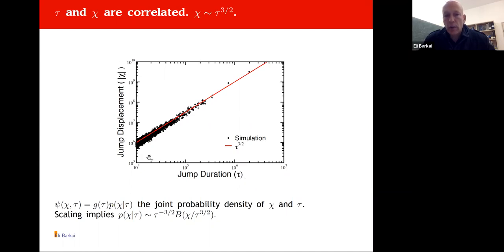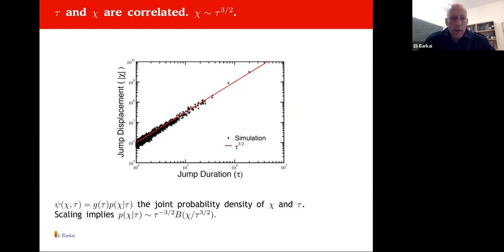And what you see here is, first of all, something which is obvious, and that is the longer the time between zero crossings, the bigger is this displacement, ψ. But it's not like the Levy walk. ψ goes like τ to the power 3/2. It's not linear in τ like the Levy walk. It's a different scaling. This straight line is τ to the power 3/2. Another exponent we have here.